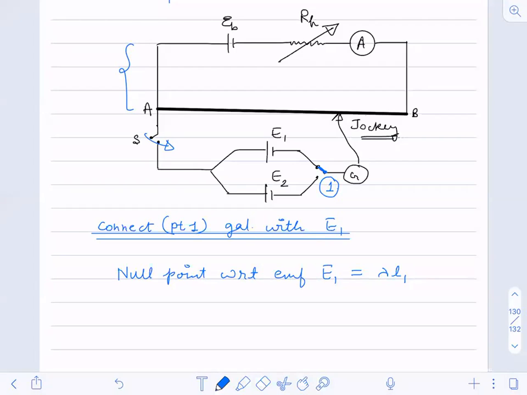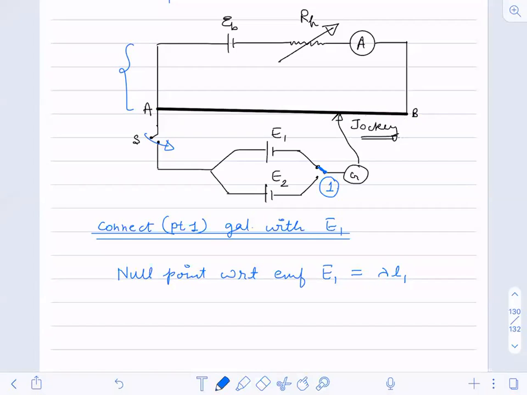Then you will be connecting it here. Now, using this jockey, you drag the jockey over this potentiometer wire like this. While you are dragging, you will find that at a certain point you have null deflection.